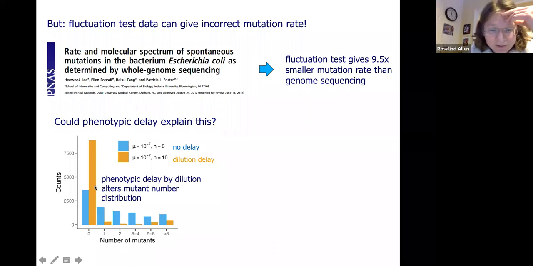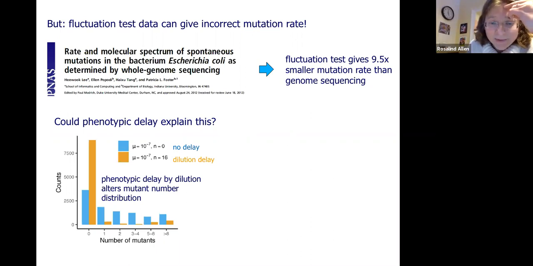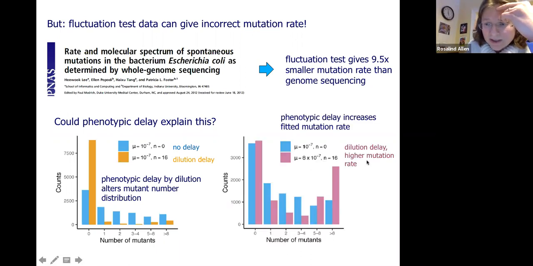All this is supposed to show is that the colony number distribution in these two simulations is very different. So a dilution delay really can change the colony number distribution in a fluctuation test.